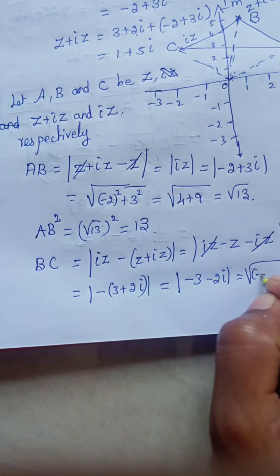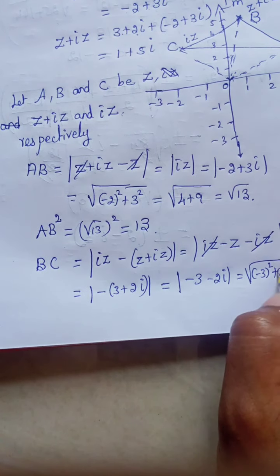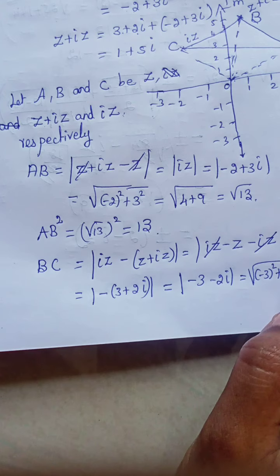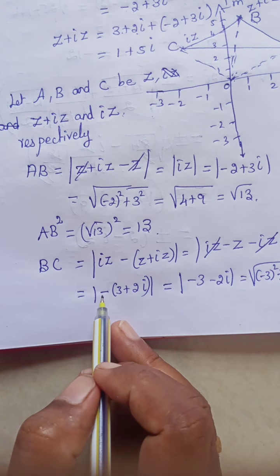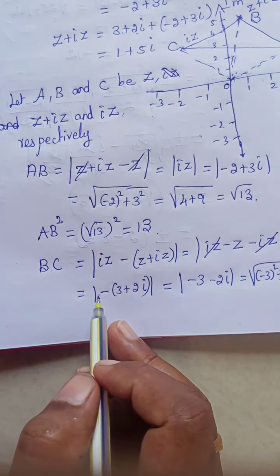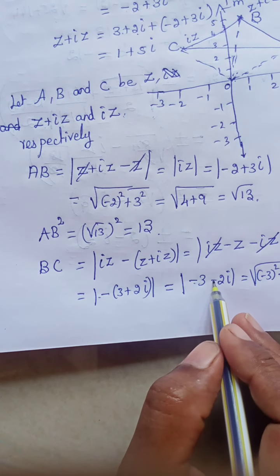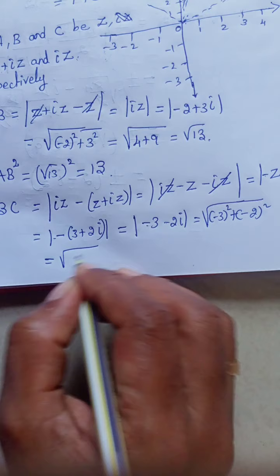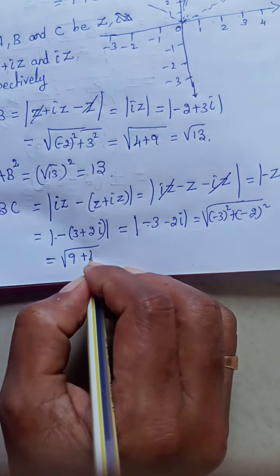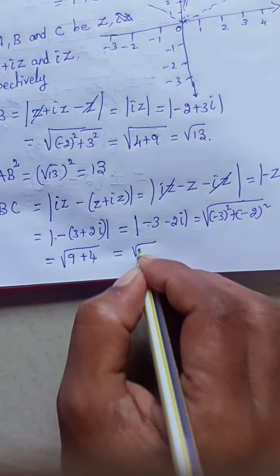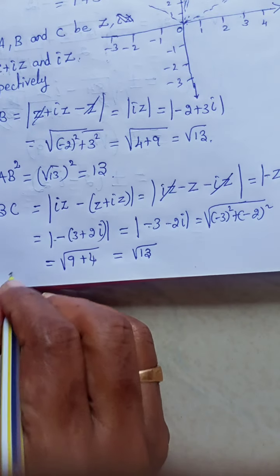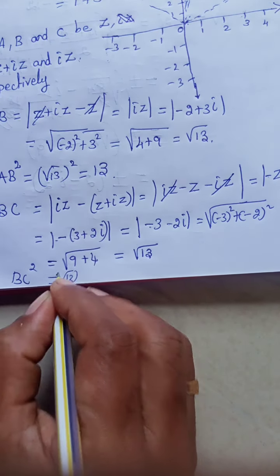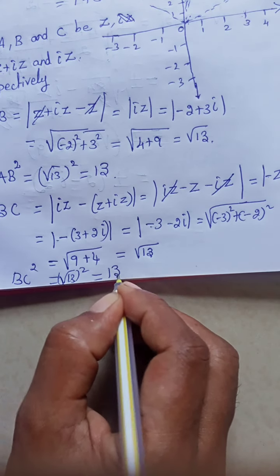That is root of minus 3 the whole square plus minus 2 the whole square. Since it's inside the modulus, we can leave the minus, but so that you do not get confused, I have taken that value also. That is root of 3 square, 9, plus minus 2 the whole square, 4, which is equal to root 13. So BC square is root 13 the whole square, which is equal to 13.